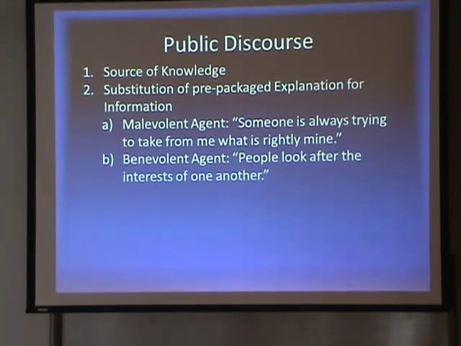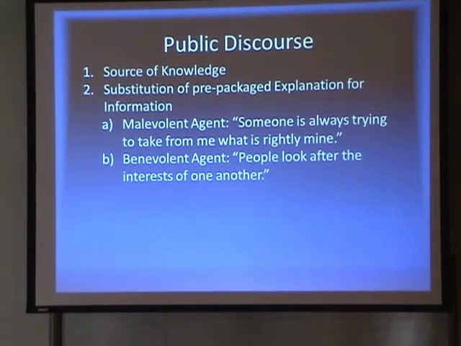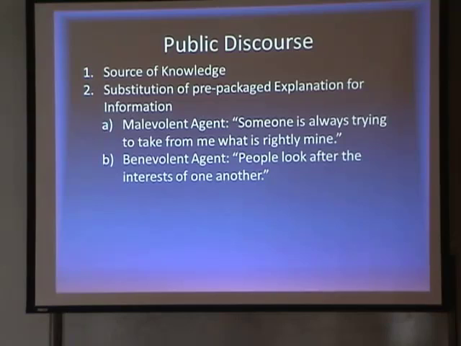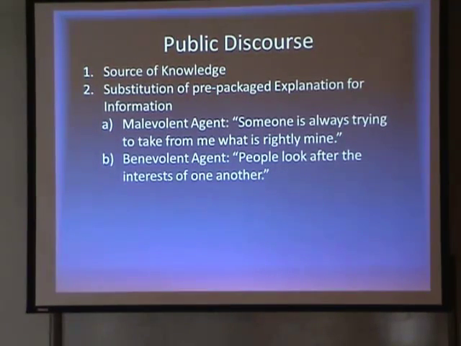Okay, in the substitution case, I don't want to use some of these odd terms, but this malevolent agent substitution, someone is always trying to take from me what is rightly mine. This is what we call a schema. If I find somebody's general approach to things is that somebody's always trying to take something from me, if that's part of my category of logic, I'm going to find this occurring in several different places.